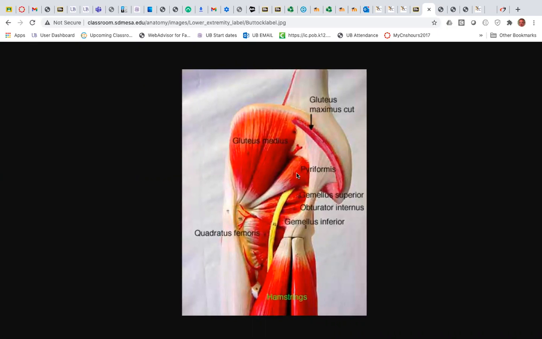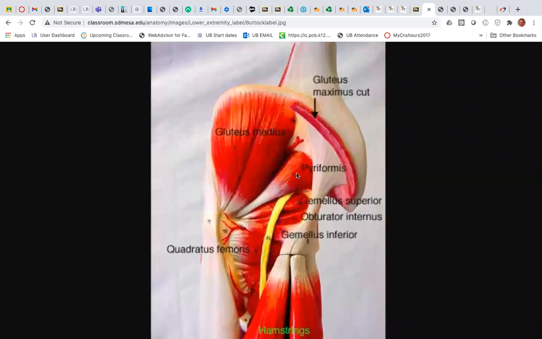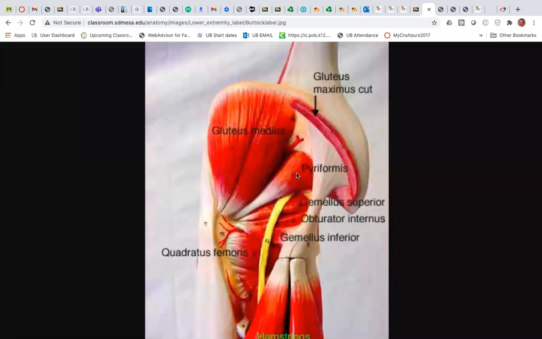And now we see some muscles that are called the deep lateral rotators or deep external rotators. These lateral rotators or external rotators are going to externally rotate the hip or the femur. They all attach to the greater trochanter.